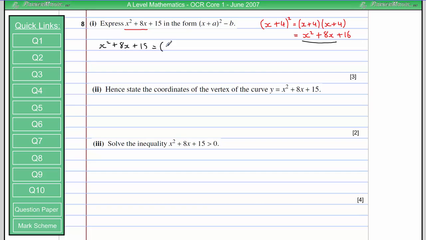So if I write x plus 4 in a bracket squared, then if I expanded this bracket out, I would get what I'm looking for, but I would also have this extra plus 16 that I don't want. So to cancel out that, I'm going to subtract 16. Then I'm going to remember the fact that I've already got a plus 15, which I can't forget about, and put that on there. All I've got to do now is simplify. So I get x plus 4 squared, and if I do minus 16 plus 15, that becomes minus 1.